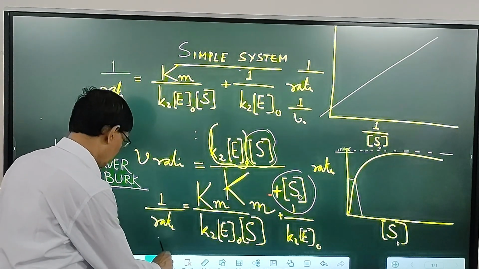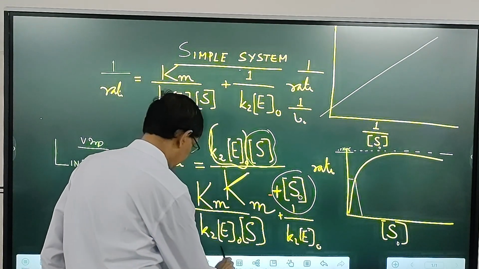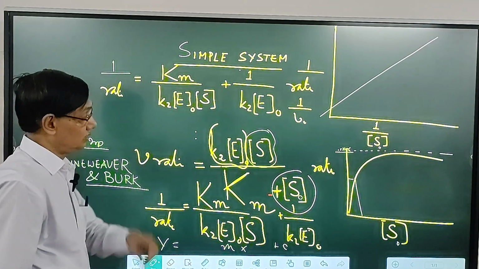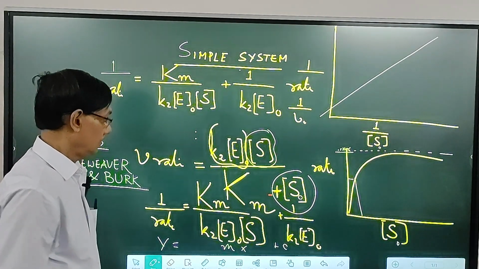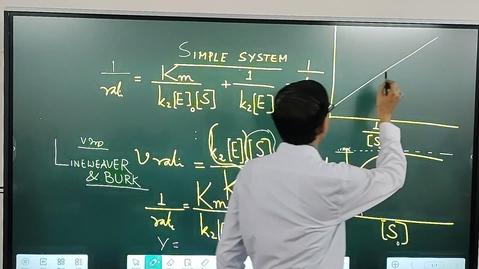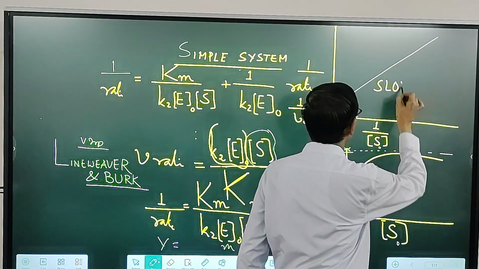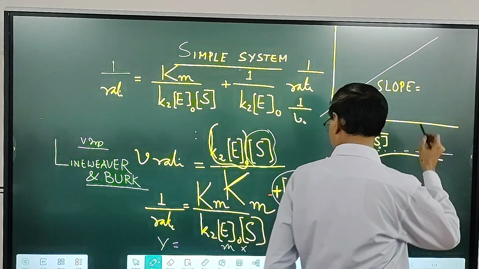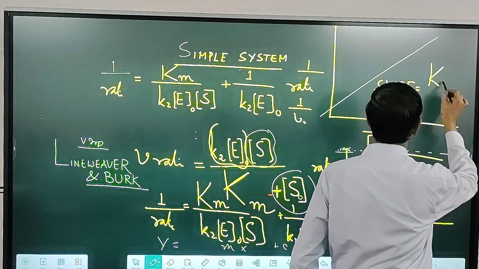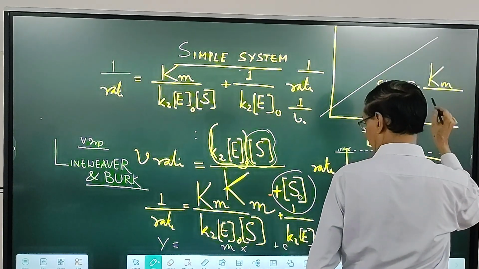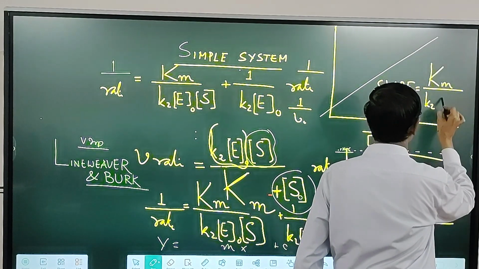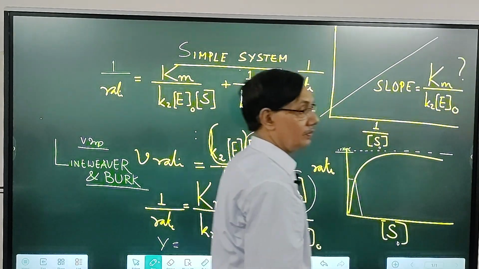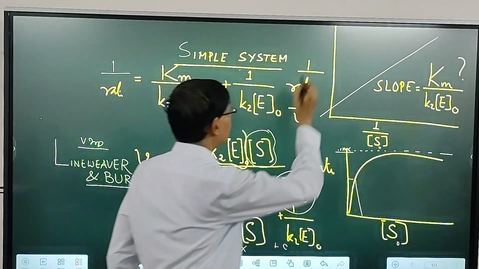So you know that y is equal to mx plus c, so slope is equal to Km by V max, and intercept.